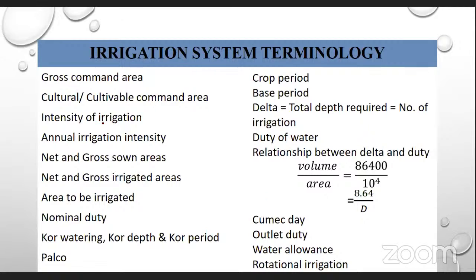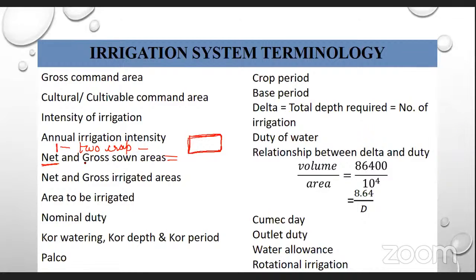For example, in one year we take two crops on the same land. If someone asks you what your net sown area is, we only calculate our field, whatever field we have, and the area of that field is known as our net sown area.